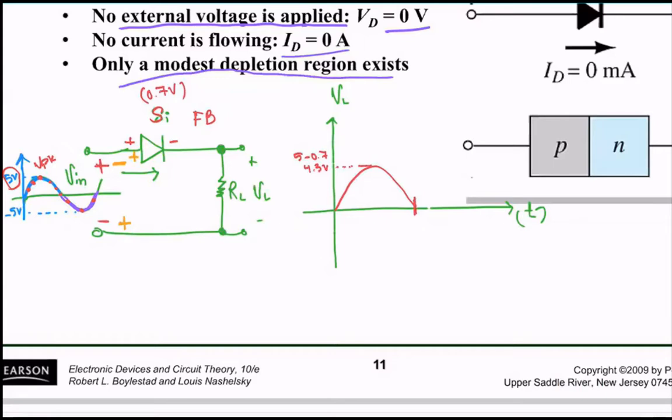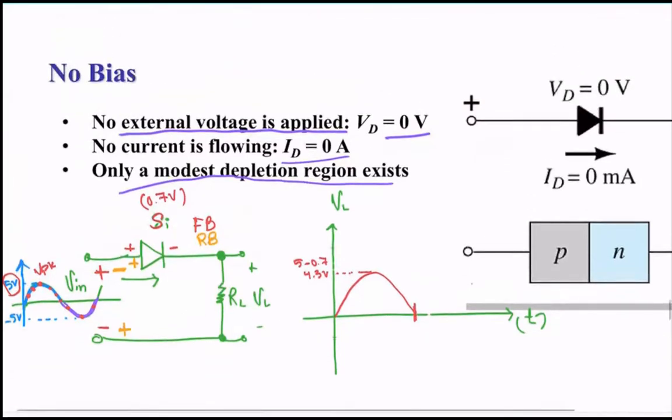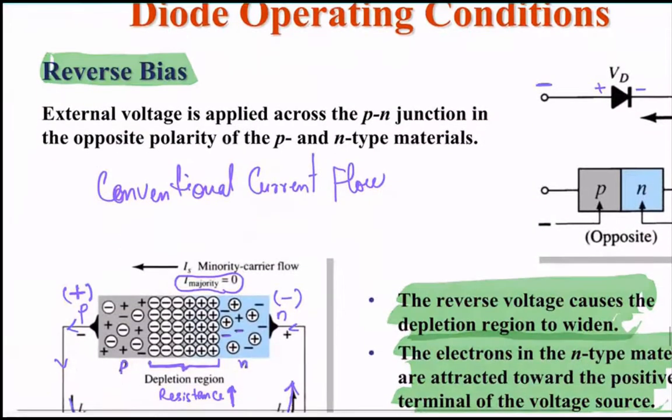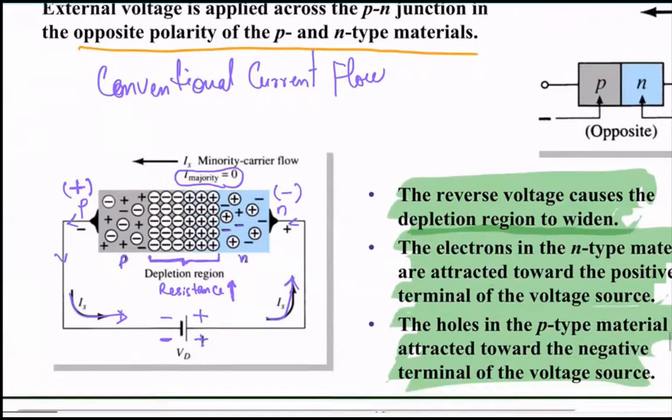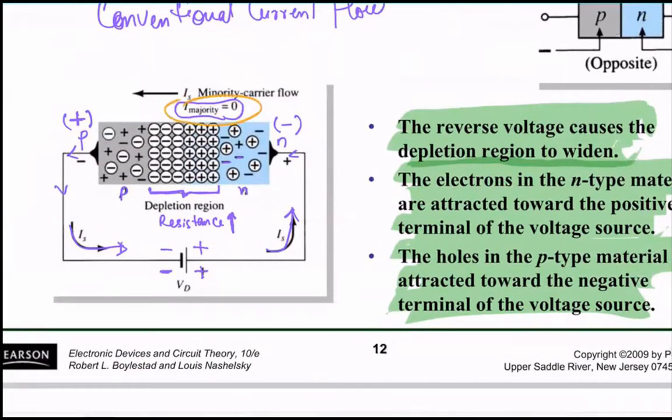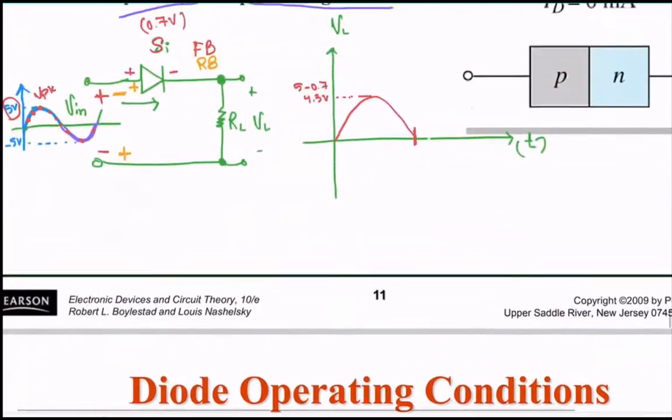Forward bias or reverse bias? It works in reverse bias, right? That's what we learned. In reverse bias, when we have the opposite polarity, no current flows.